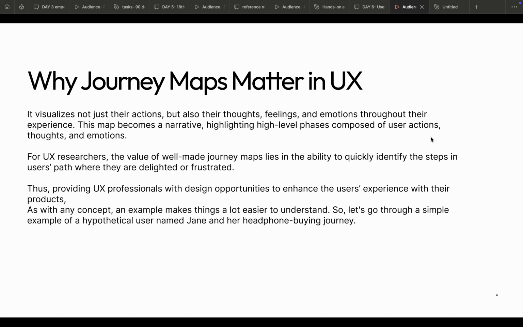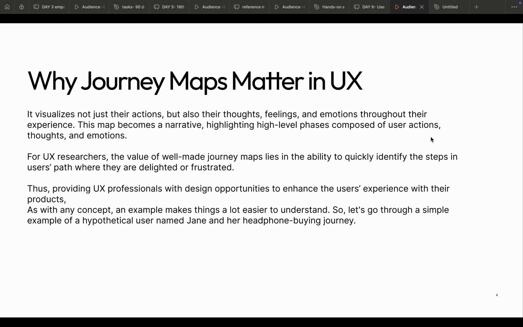So this map is going to be narrative, and it will also indicate the phases where the user will interact, how they'll react to each of the app's interactions. And so this is how user journey maps are going to be.